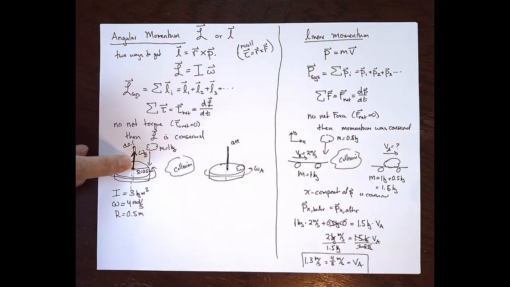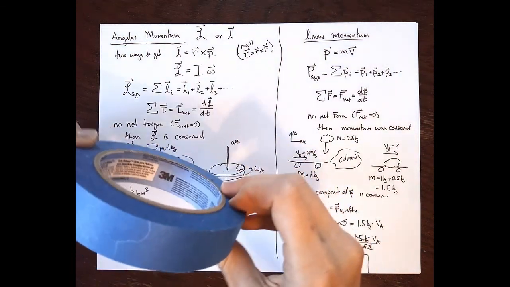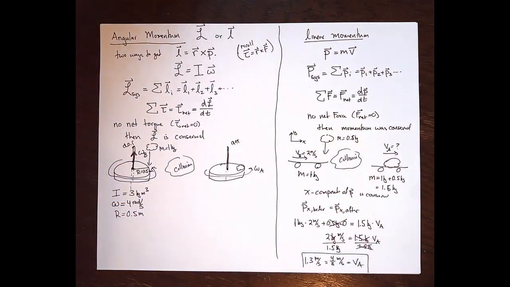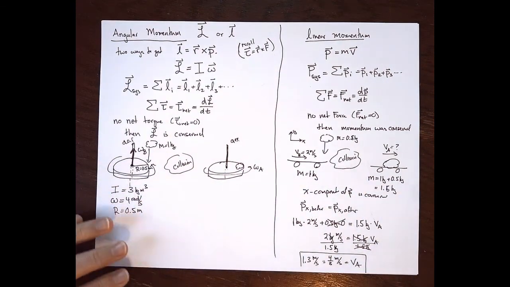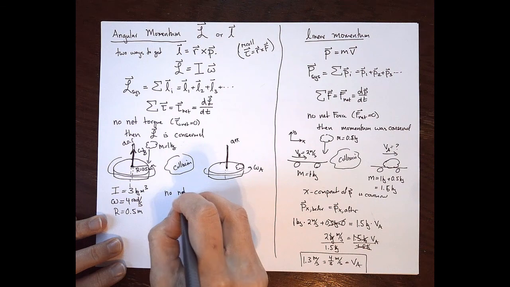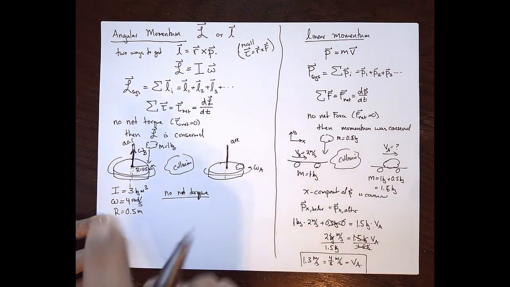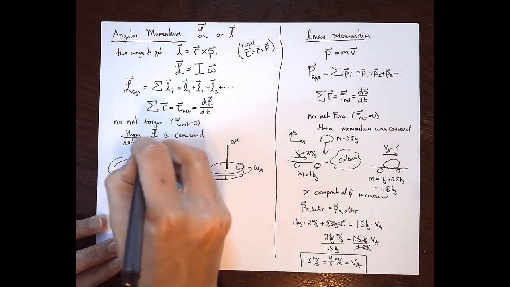And this rod that's holding it is preventing that from happening. So there would be a torque from the mass of the clay trying to turn it this way, but the rod would be creating a counter torque. And those two would cancel. So here there's no net torque. So angular momentum is conserved.